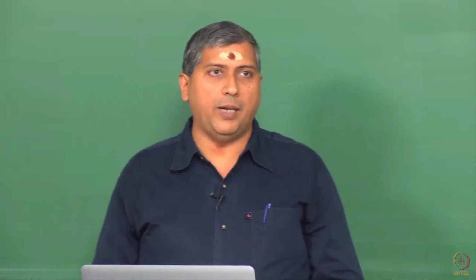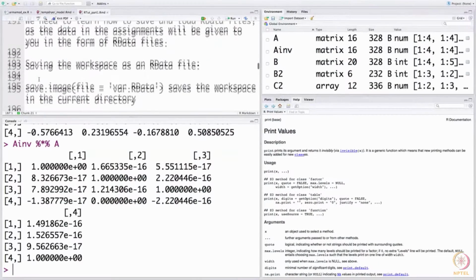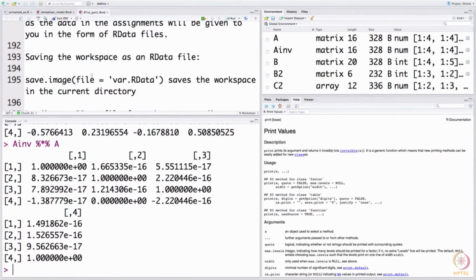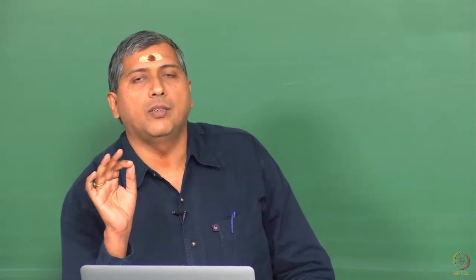Now, let us say I have done so much work and I want to save my data, then you can use the save command or save.image, and again you should look up the help on save.image and supply the file name where it will save all the variables in the workspace. You can specifically give a list, or you can say specifically that these particular variables should be stored. That option is also available, just look up the help.